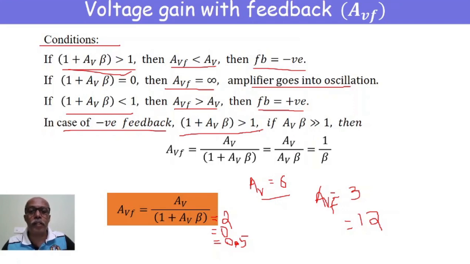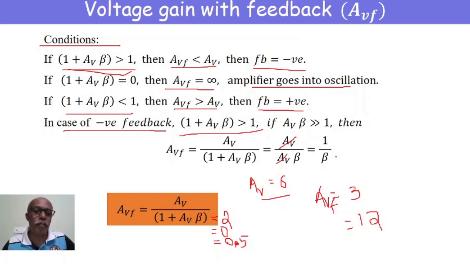Then when compared to this, 1 is neglected, therefore it becomes AV divided by AV into beta, or AV gets cancelled. The voltage gain with feedback will be simply the reciprocal of feedback fraction, that is 1 by beta. This is about the voltage gain with feedback.